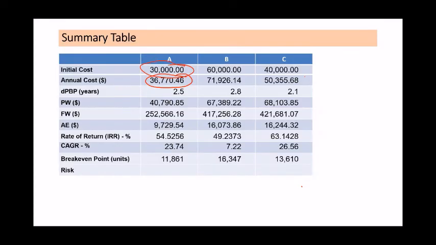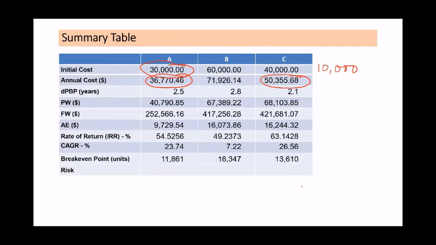Now, in terms of other things here, for example, we have C. If you are going to justify C later on, we have 50,000 as annual cost, and it has also higher initial cost. Now, if you are going to select C, you are going to add how much? In terms of initial cost, you need to add 10,000 more.